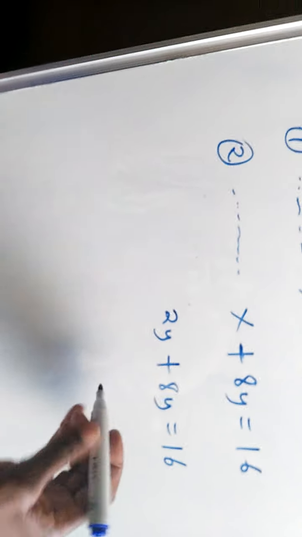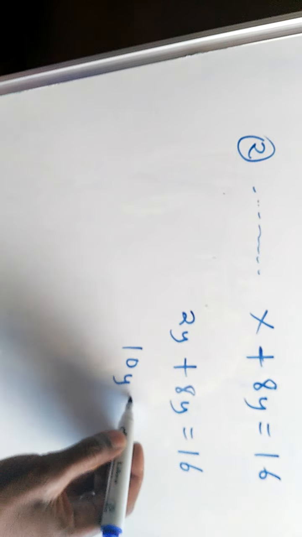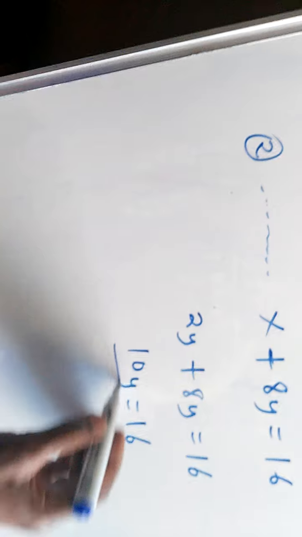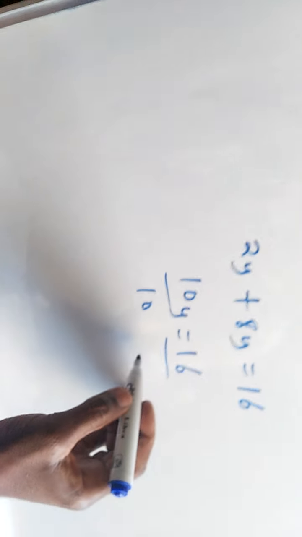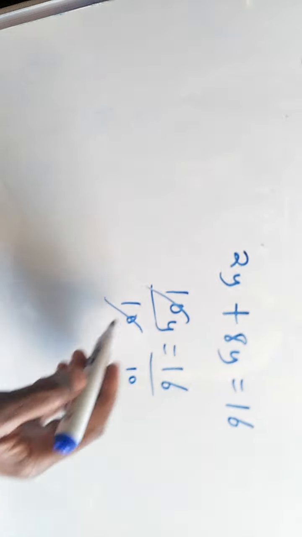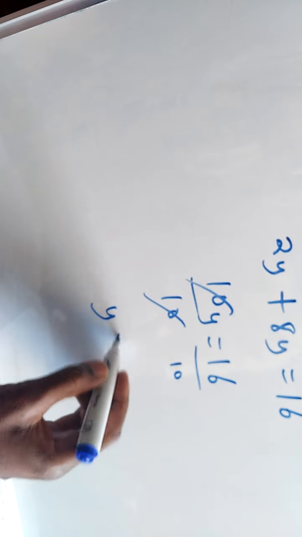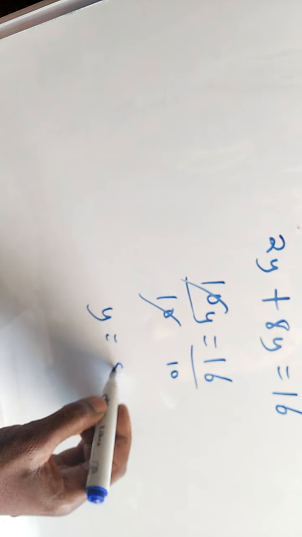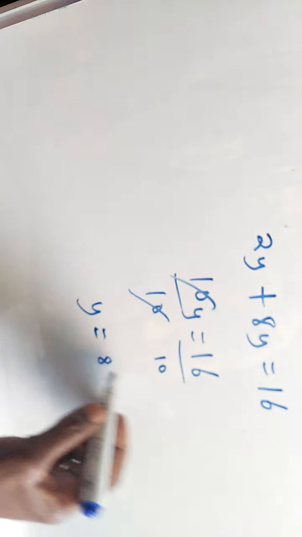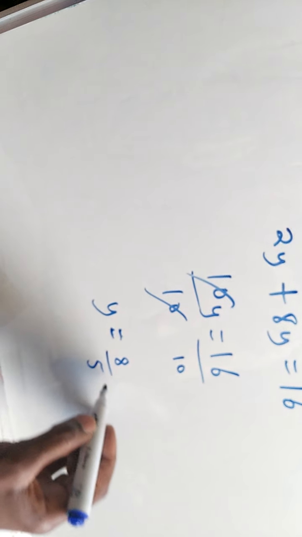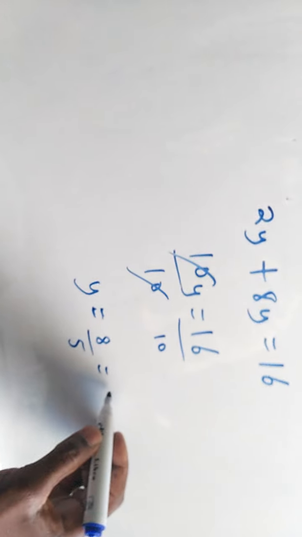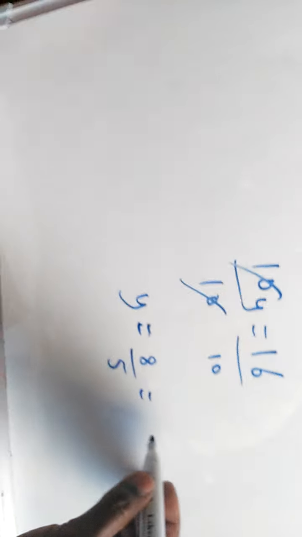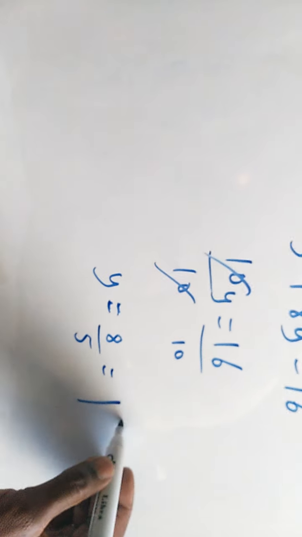Like terms, 10y is equal to 16. Y is therefore 16 over 10, half of 16 is 8, half of 10 is 5.